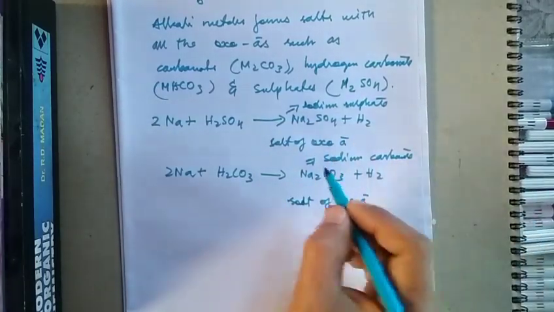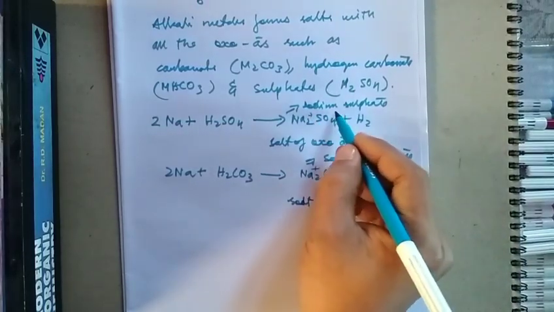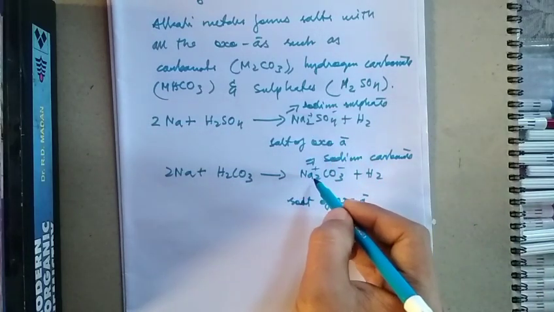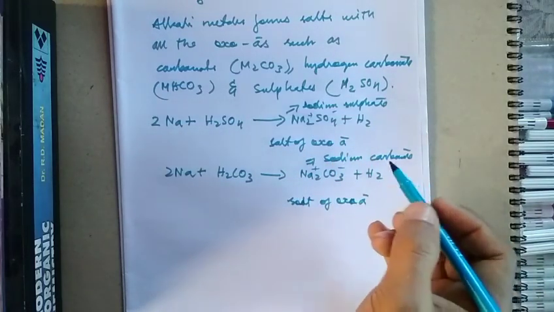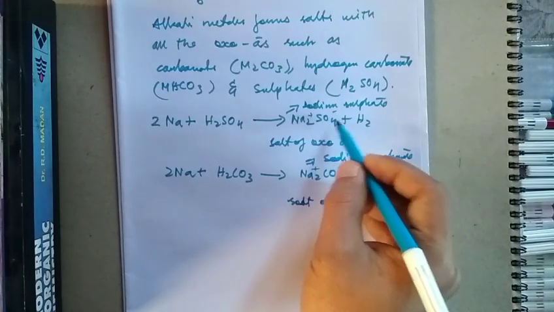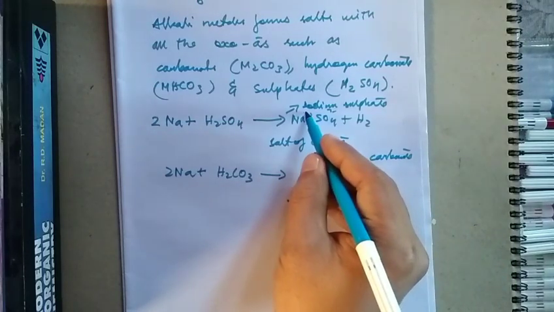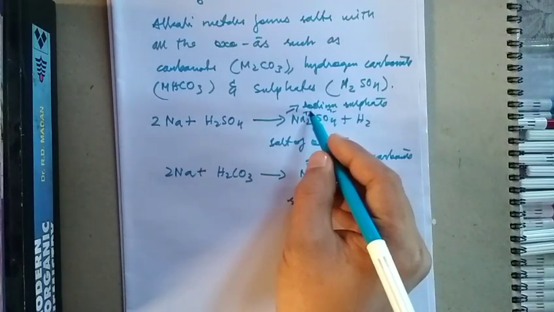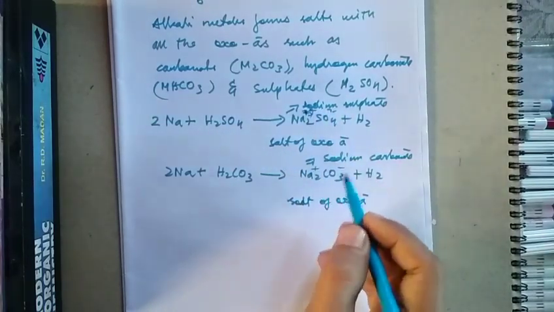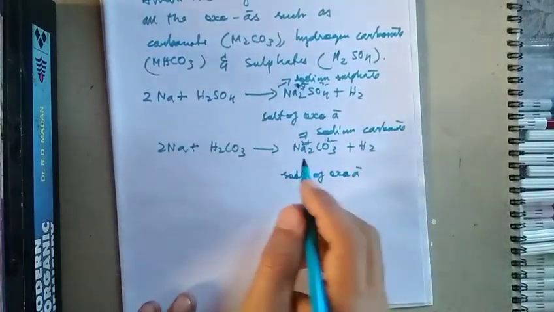This will be the positive part, this will be the negative part: Na2 is 2 plus, and SO4 is 2 minus.